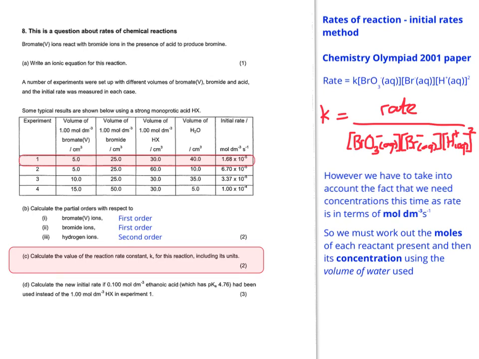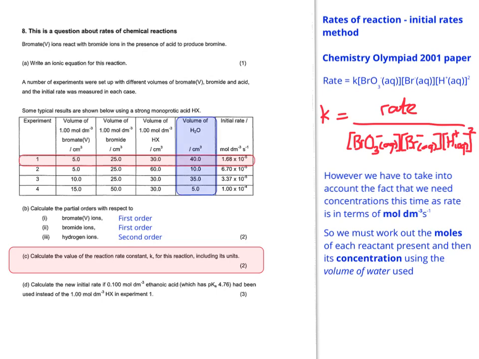Now we didn't have to bother with using concentrations before because it was all relative in terms of the volumes, because, like I said, it was the same concentration, but there's different volumes being used. This time round, they've given you a column that tells you the volume of H2O.